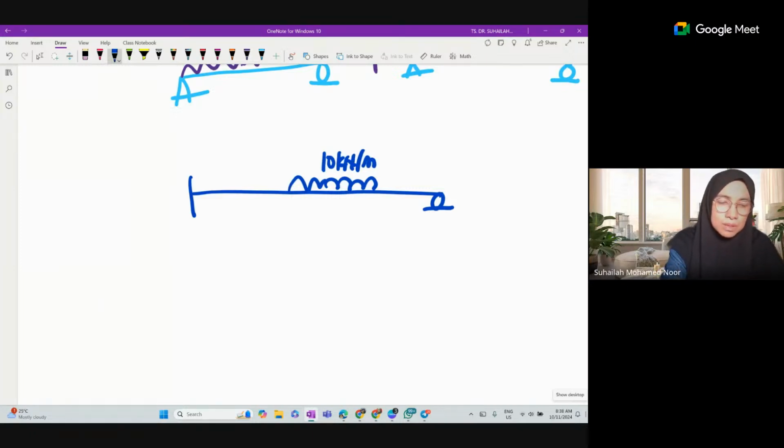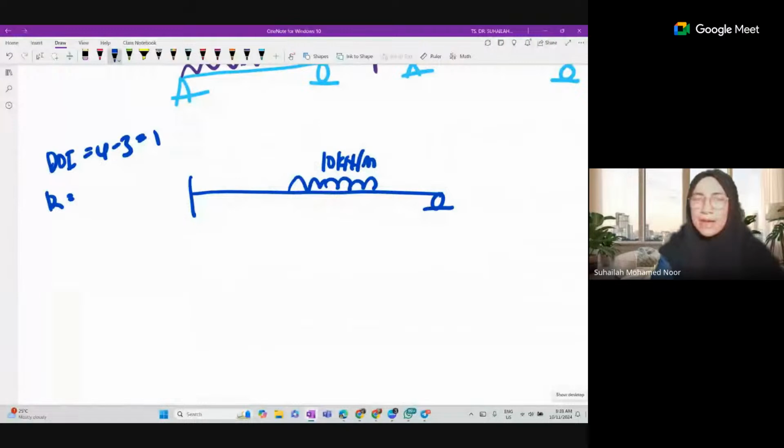The DOI is 4 minus 3, which is 1. So there is one redundant and we have to choose the redundant. We choose A, B, C, and D, because later we will cut the section.